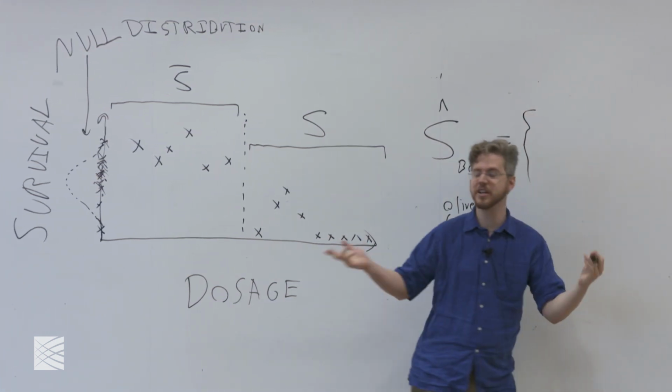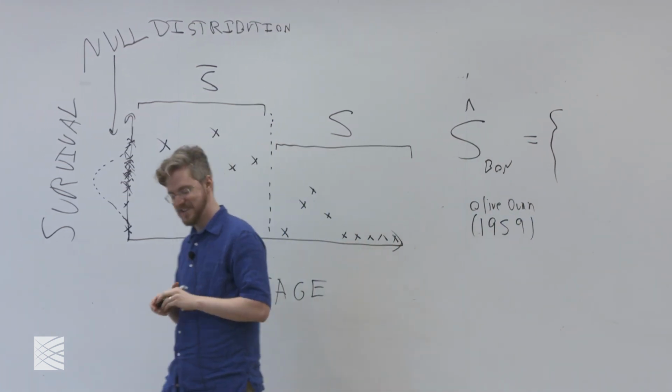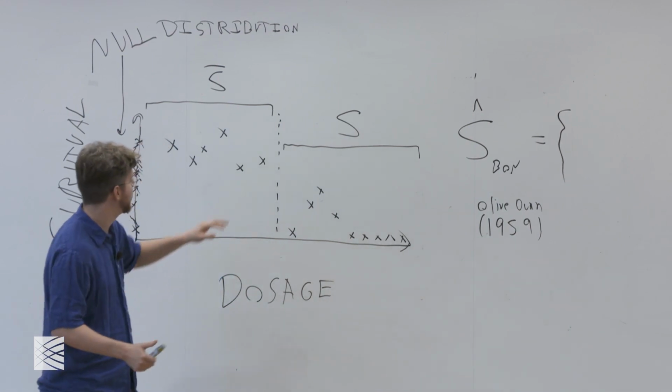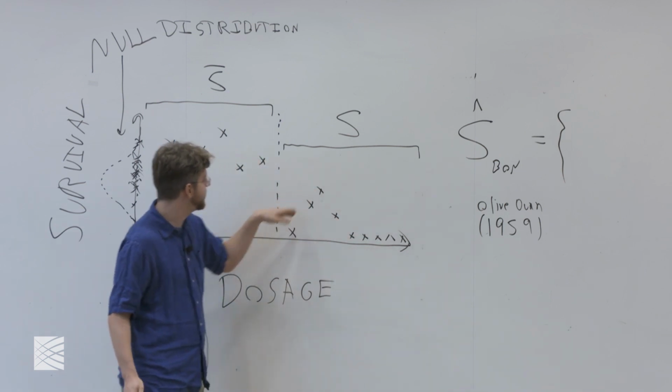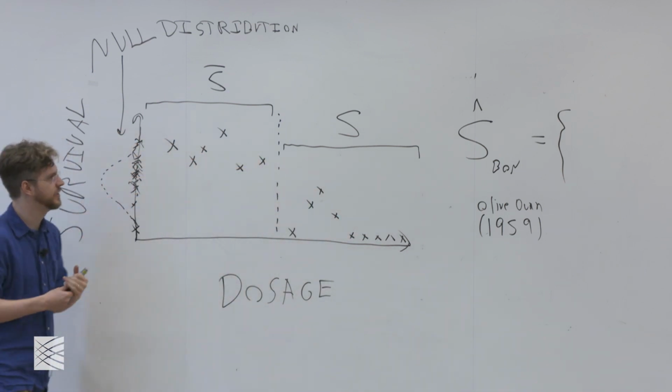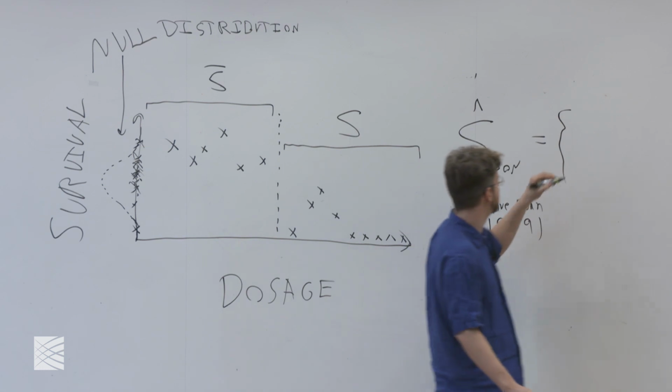So let's look at, in this particular case, what the Bonferroni estimator for S would be. We're trying to estimate the set of dosages where there's some effect. We get these values, we have this control. What's the Bonferroni estimator?